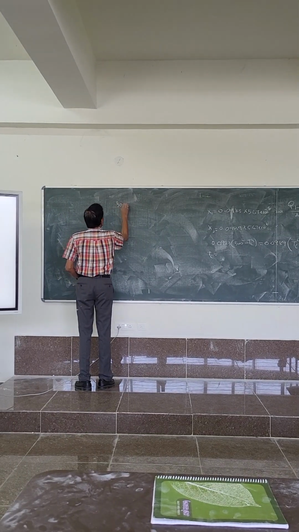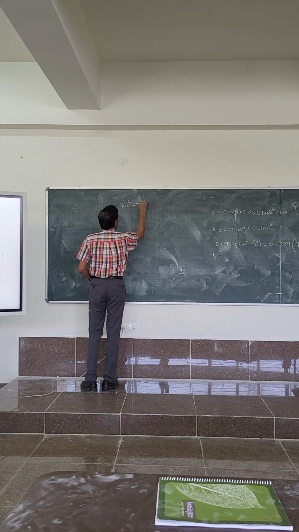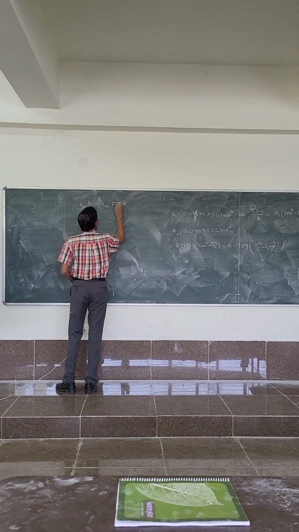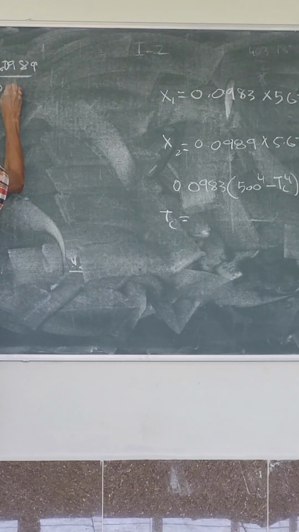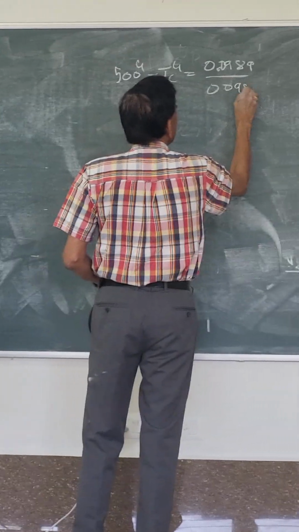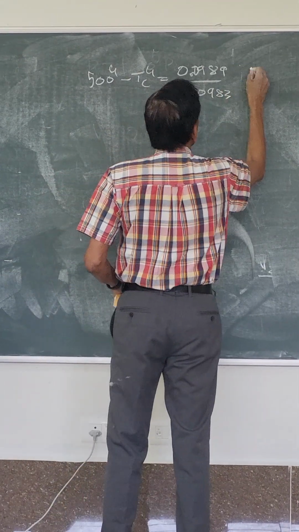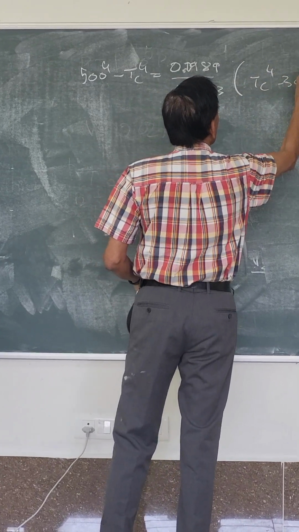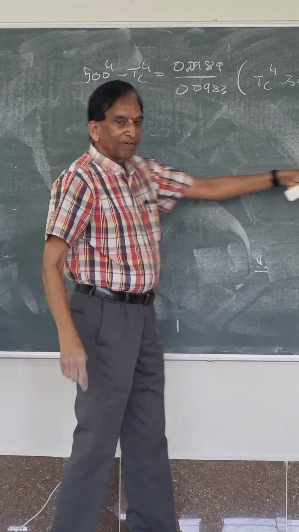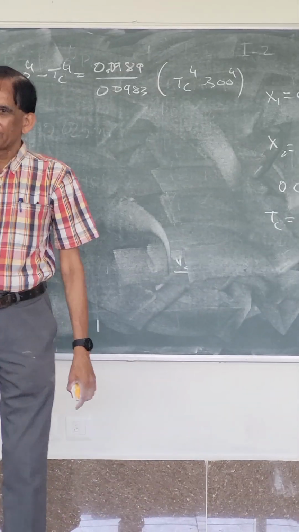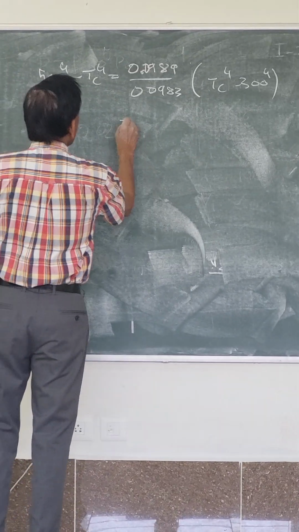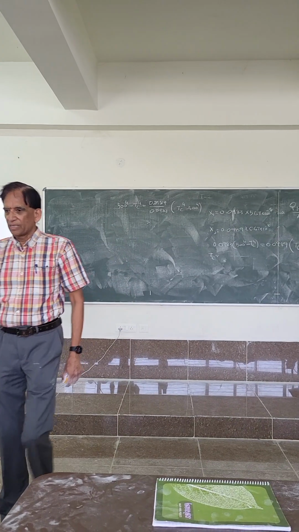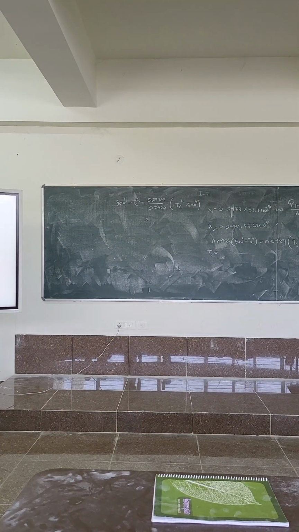So, 500 power 4 minus Tc power 4 equals 0.0989, times Tc power 4 minus 300 power 4, with 0.0983. I have taken approximate numbers. What are the two ratios of the F12s?